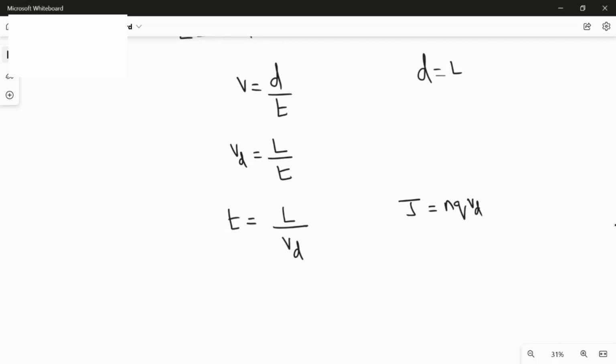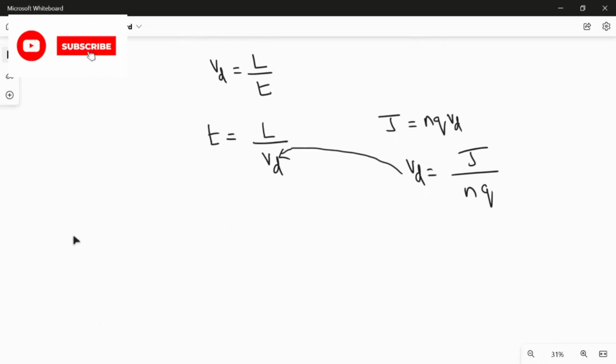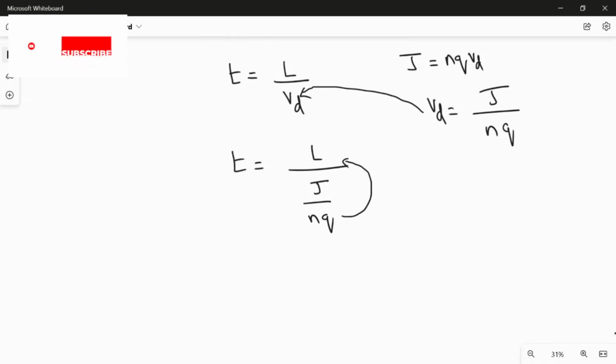Rearranging, the drift speed is equal to the current density divided by N multiplied by Q. Substituting this into the time equation, T is equal to L over J over N Q. So this NQ will go to the top, and T is equal to L multiplied by N multiplied by Q divided by the current density J.